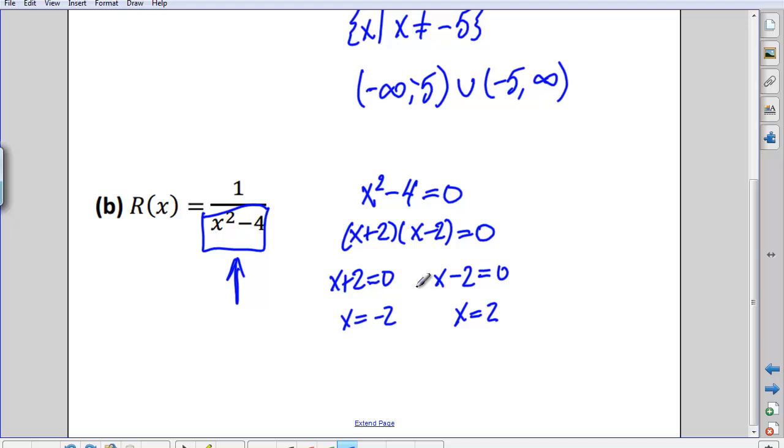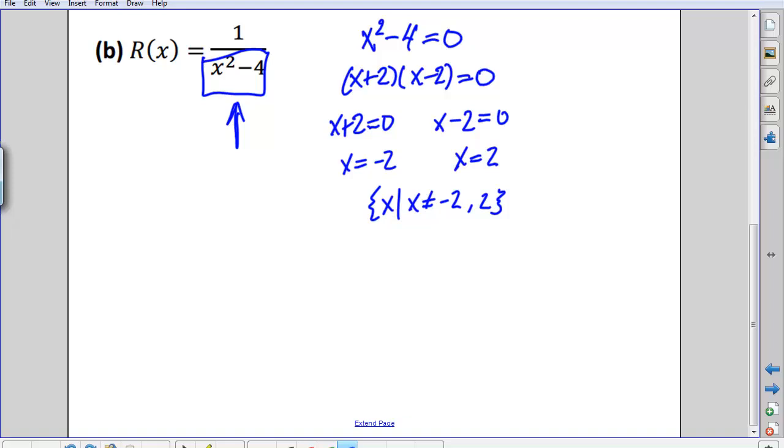So we would say that the domain is x values such that x cannot be negative 2 or positive 2. So that's one way to write that. And actually, I think the way that the software would want that is to list that twice there. I'm going to go ahead and do that, like so. Or we could, again, use interval notation.